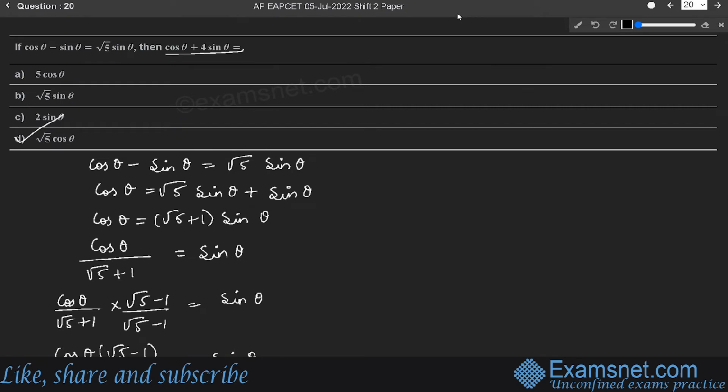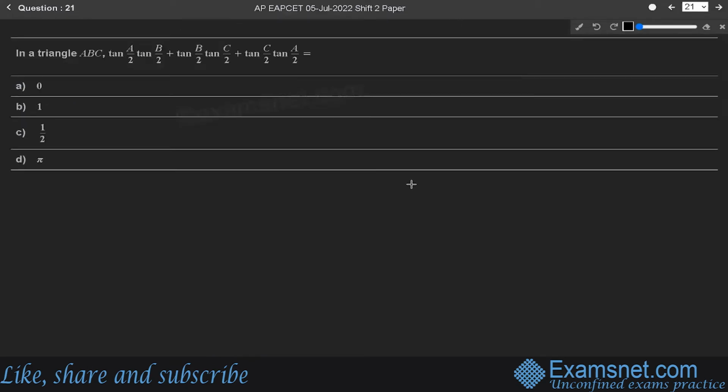Next question is, in a triangle, tan A by 2 into tan B by 2 plus tan B by 2 into tan C by 2 plus tan C by 2 into tan A by 2 is equal to, we have to find its value. We know that in a triangle, all the angles add up to 180 degrees.